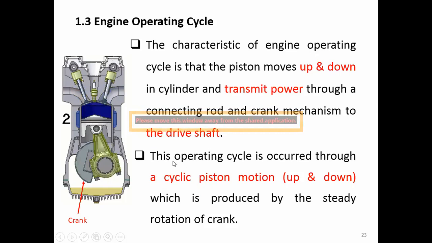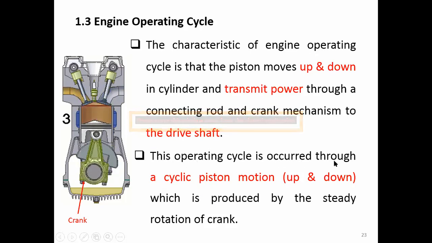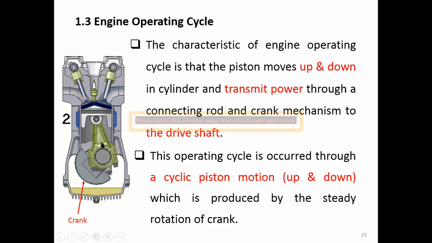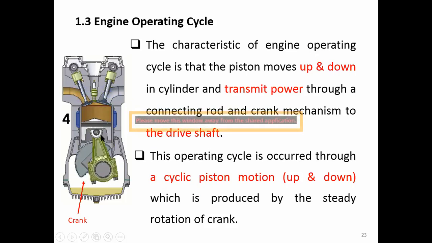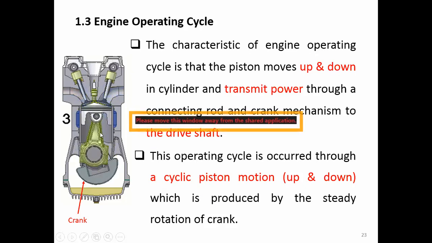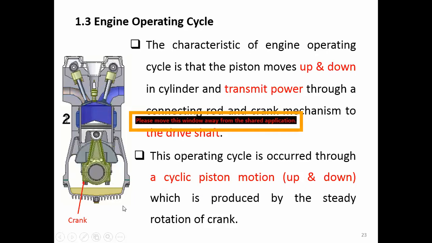Okay, this operating cycle is the result of what? A cyclic piston motion. So the piston will keep on going up and down. This is what we call a cyclic piston motion, which is produced by what? A steady rotation of the cranks.